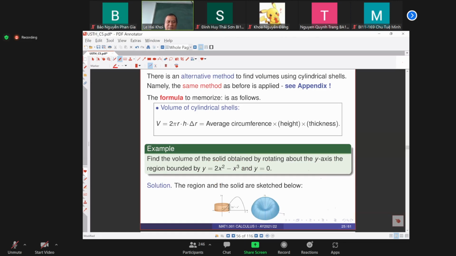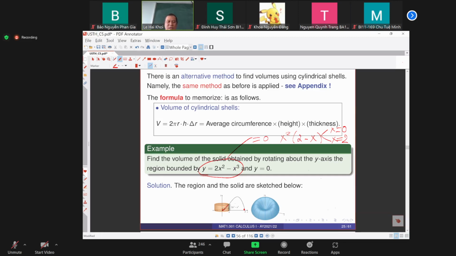You see, if it is 0, you have x squared times (2 minus x), which means that it intersects the x-axis at x is 0 and x is 2. You see x is 0 here, x is 2 here. And that's the curve, y equal to 2x squared minus x cubed.